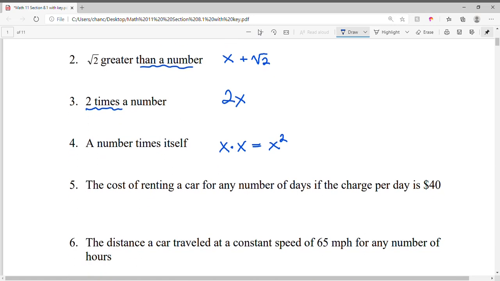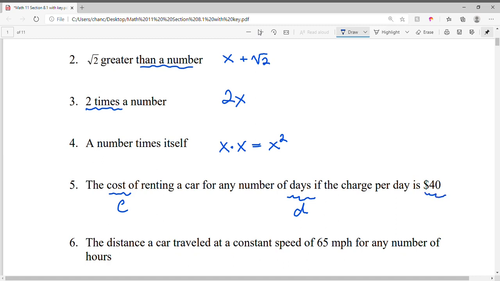Number 5, the cost of renting a car for any number of days if the charge per day is $40. So we'll need multiple variables in this problem. Let's say the cost, I'm going to use the letter C. The number of days, we'll use the letter D. And we know it costs $40 per day.